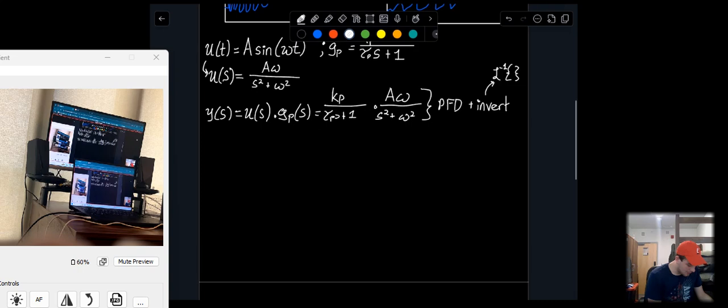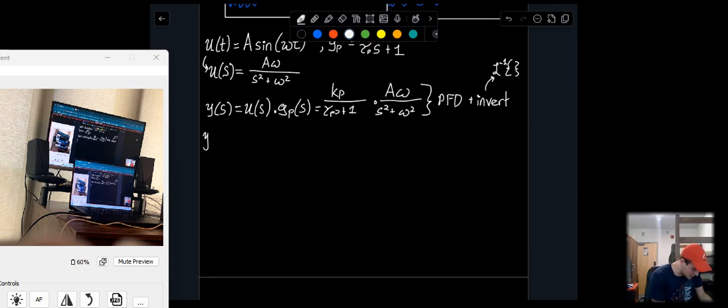And so after we perform that, what we should see is that y of t gives us K_P A omega tau_P over tau_P squared omega squared plus 1 times e to the negative t over tau_P, right?